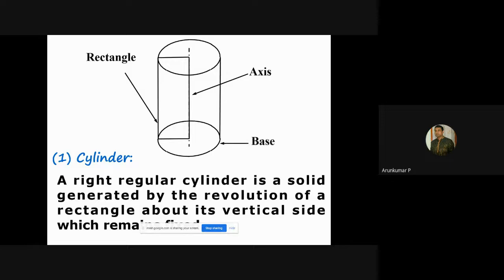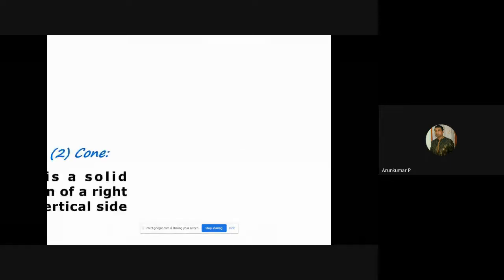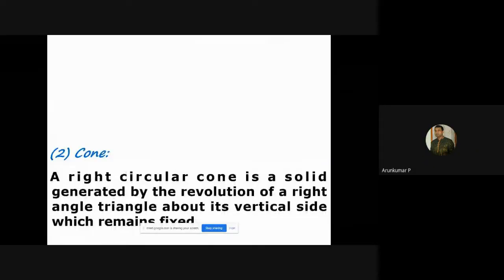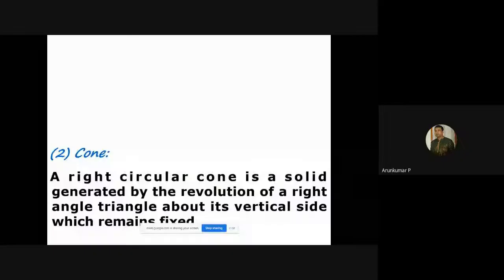Okay, this is with respect to the cylinder. Now, the cone. Generally, you will find in the statement that they don't just say a cone is resting on HP. They say a right circular cone. What is the meaning of this?